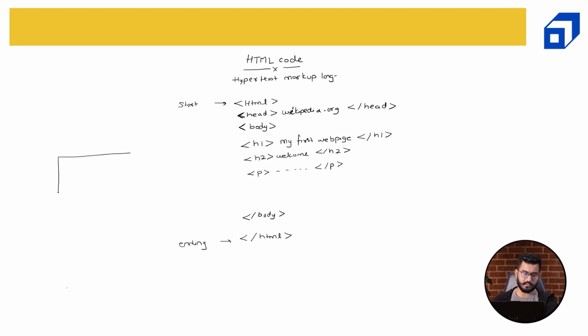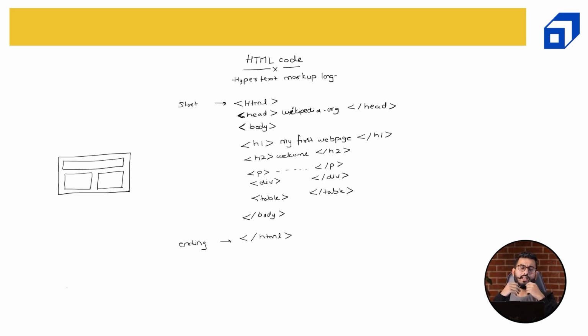Let's say this is my web page, and within this I want to divide the page into 3 divisions: first section or division, second division, and third division. We can do this using the div tag, so div and then /div. Then for a table, we have a table tag, and /table. Similarly, for a hyperlink, we have the href tag, and you will find a variety of tags for specific content that you want to put in the web page.